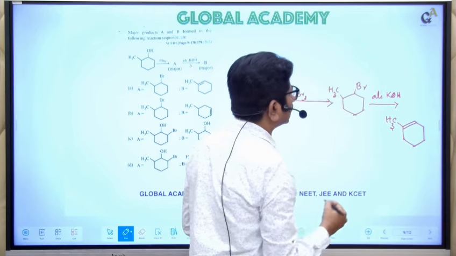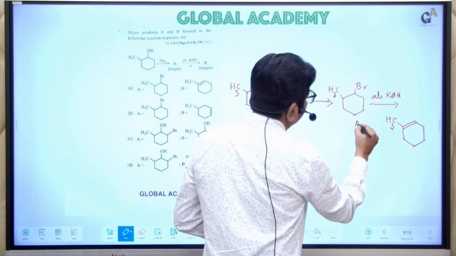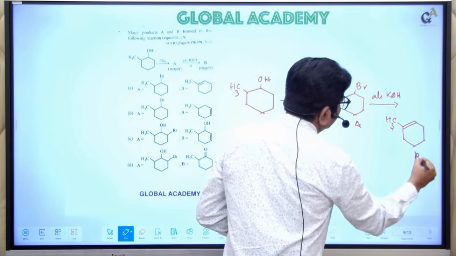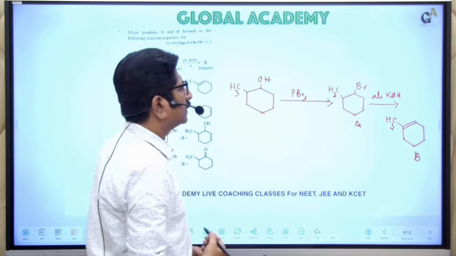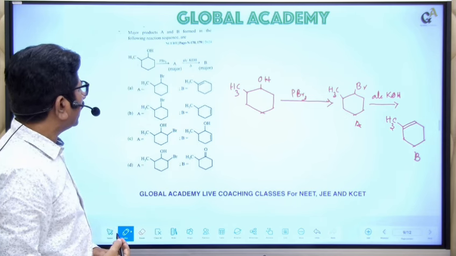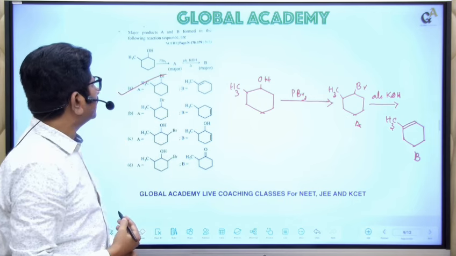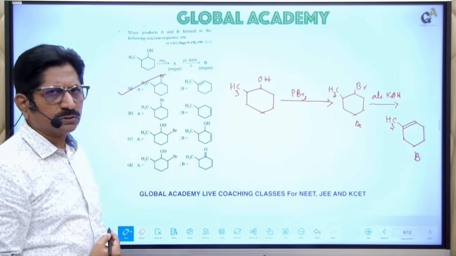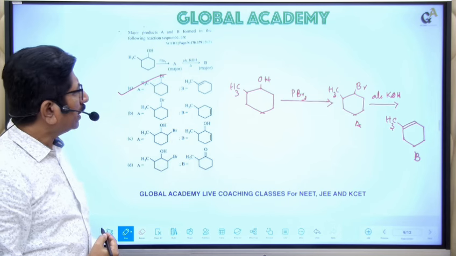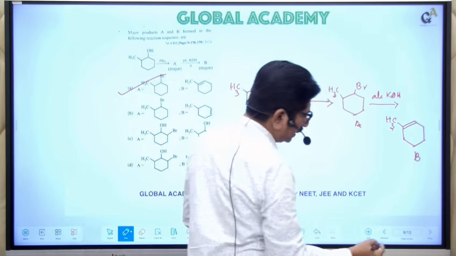That is called the elimination reaction, and this is the product A and this is the product B. So you can see the product A and product B in the options. Option A is the right option. That is for the seventh one.